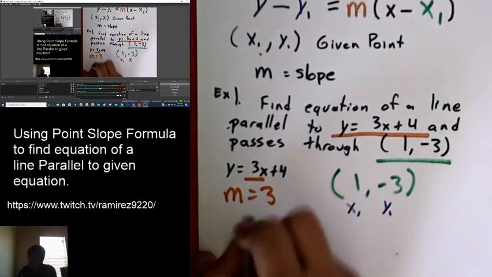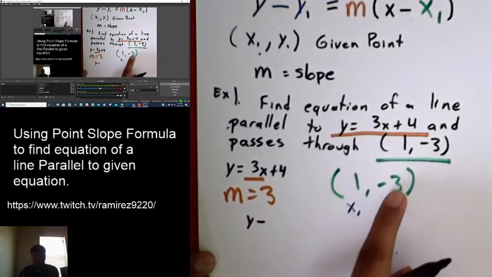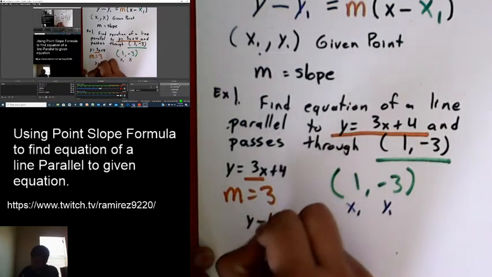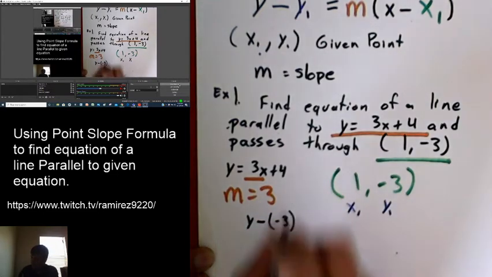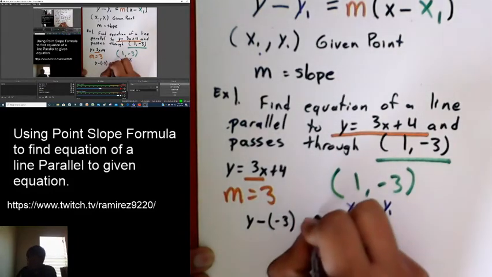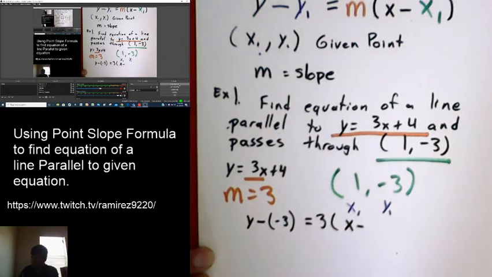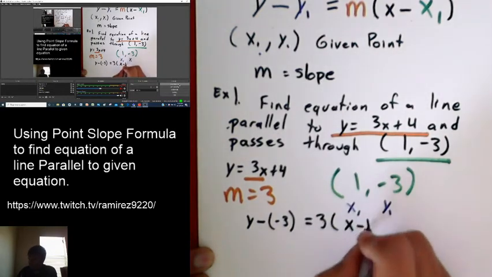So our formula always stays y minus y1, but y1 is negative 3, is equal to m. Well, m is 3. X minus x1, and x1 happens to be 1.